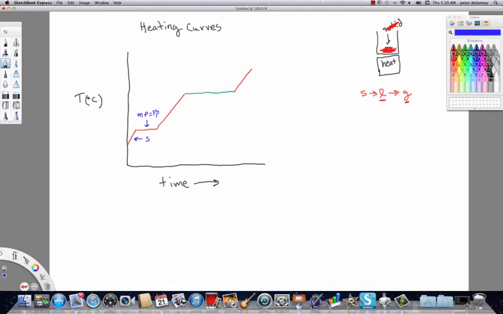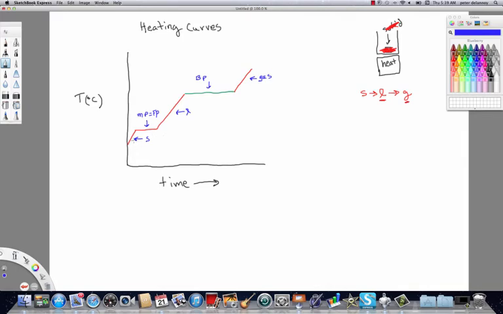They correlate with the same point on this heating curve. This section in here is the liquid. This section in here is the boiling point of the liquid, whatever it is. And then this is the gas, this section.